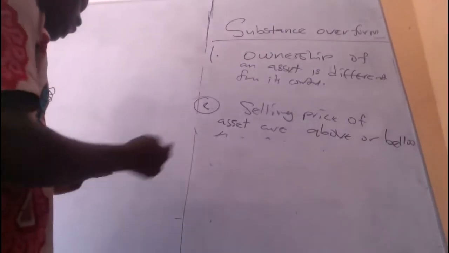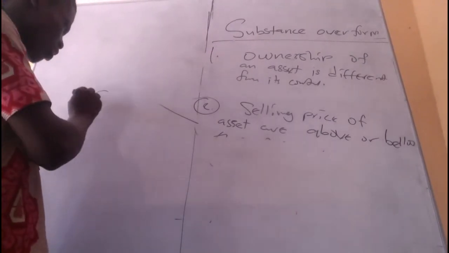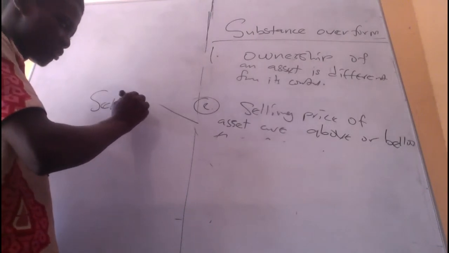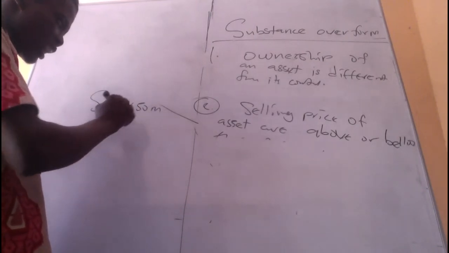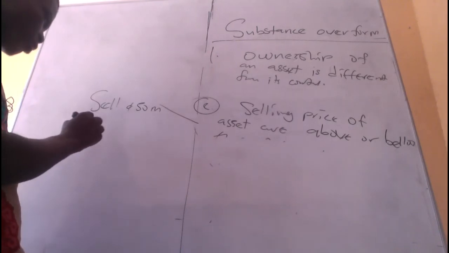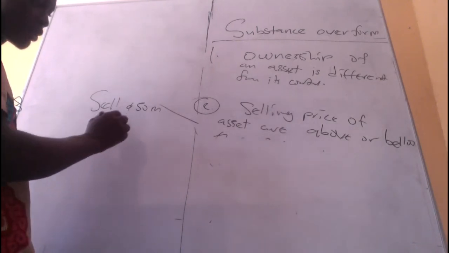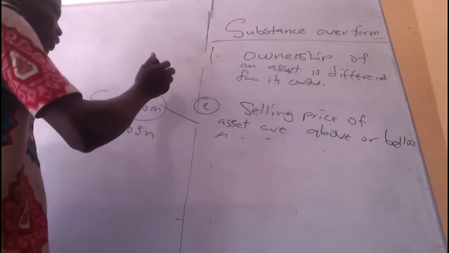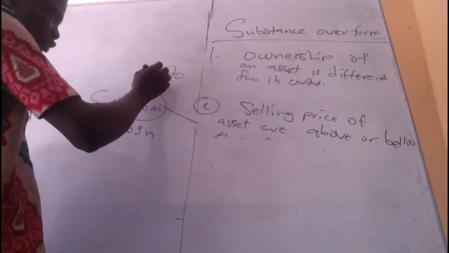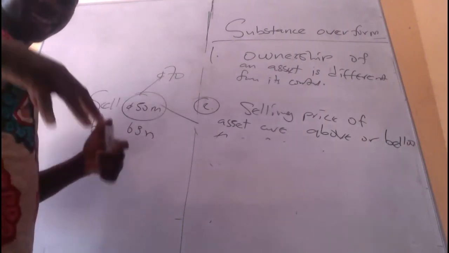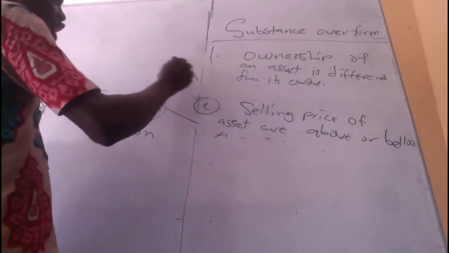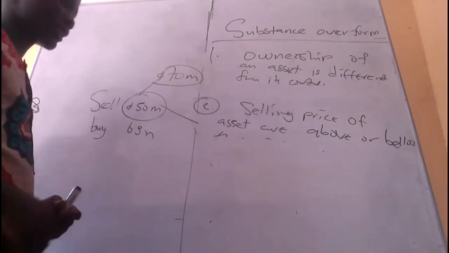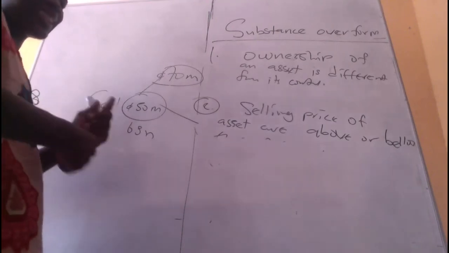Say I sell my goods at 50 million. The example that we use, I think our third example under substance over form. Then I buy it back from you at 65 million. Let's assume that the market value of these goods is 70 million. Wow. Because I am in a cash trap, I'll be forced to sell an item that cost me 70 million to you at 50 million. Yes, so there's an indication.